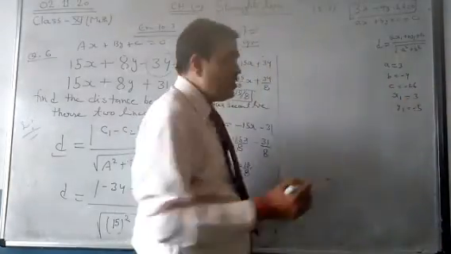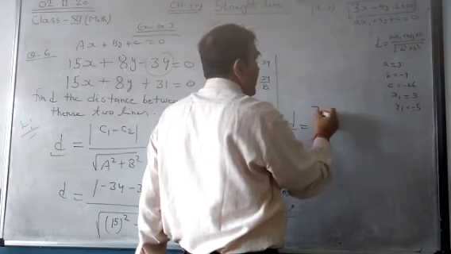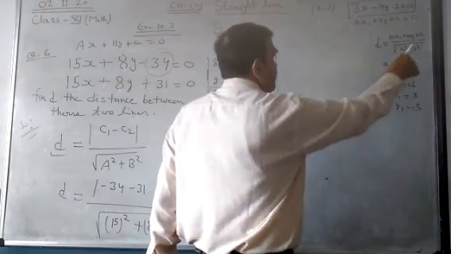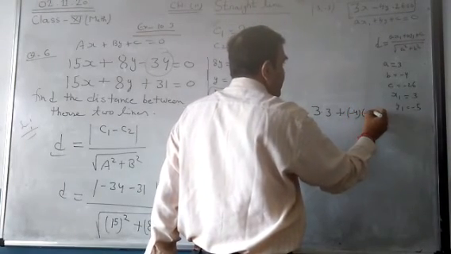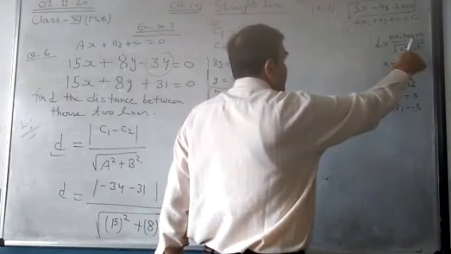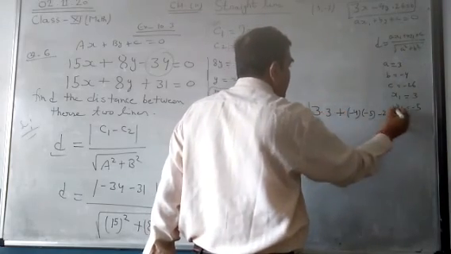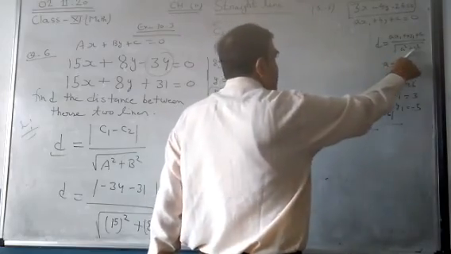Now putting the values, d equals |3 times 3 plus minus 4 times minus 5 plus minus 26| divided by under root a square plus b square.